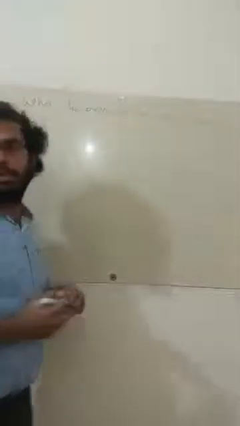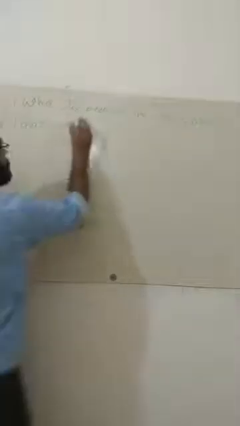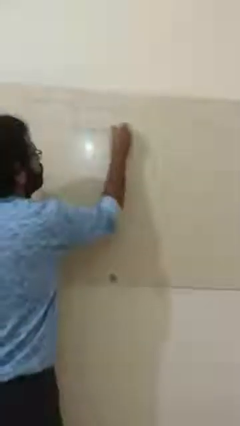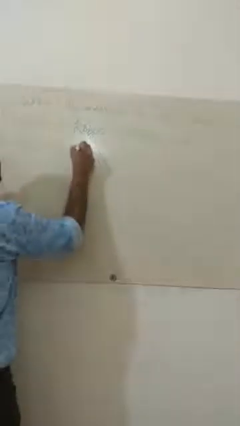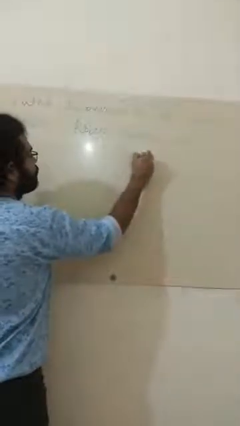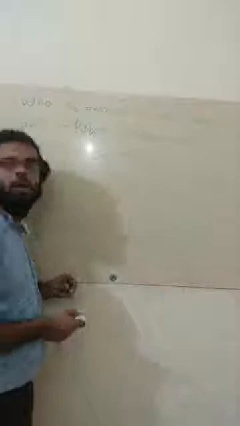The answer is that in 1665, Robert Hooke discovered cells while examining a thin slice of cork.